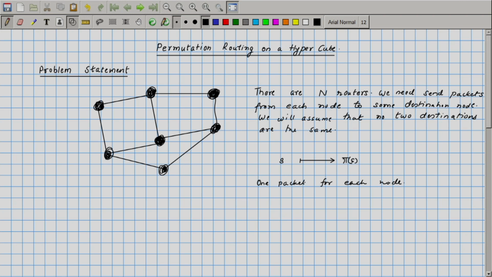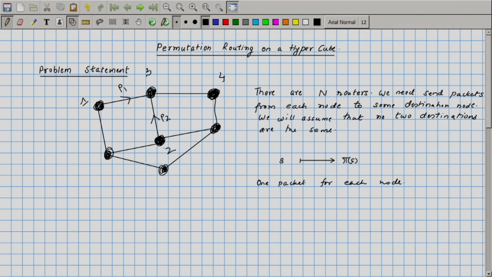Now, the additional assumptions are as follows. Through each edge, we can send at most one packet at a given time. Let us say there is a packet which comes from node 1 and node 2 to node 3, and both of them send it at time unit 1. If you want to send it to node 4, node 3 has to make a choice as to whether it is going to route packet P1 or packet P2.